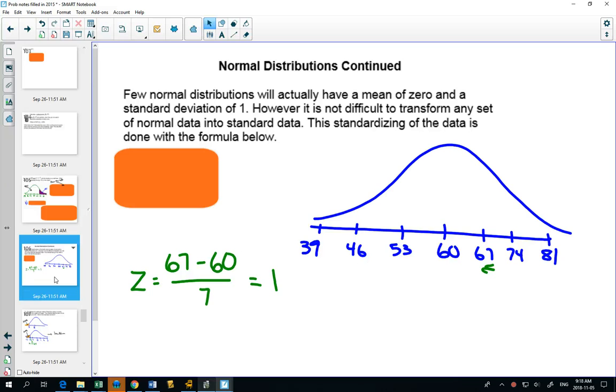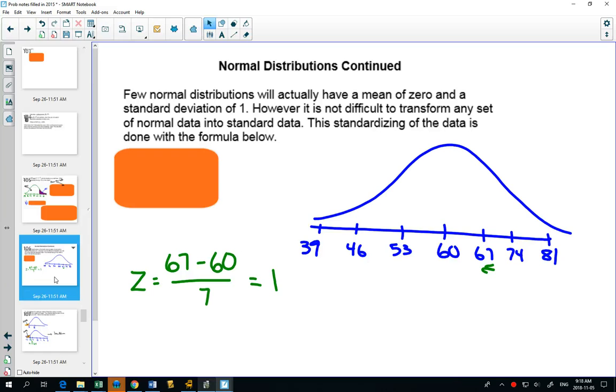So we could transfer all the data that we have here to 0, 1, 2, 3. If you scored a 74, your score is a 2 instead of a 74. So it's a way of standardizing it, having a mean of 0 and a standard deviation of 1.